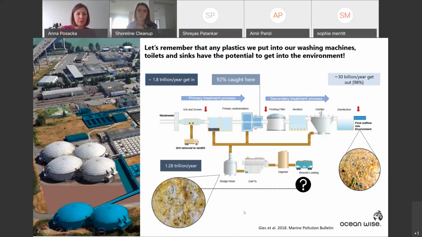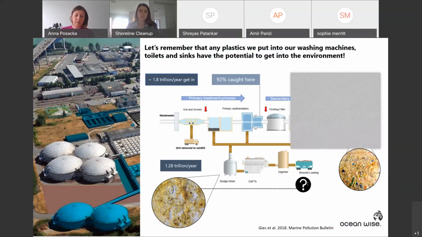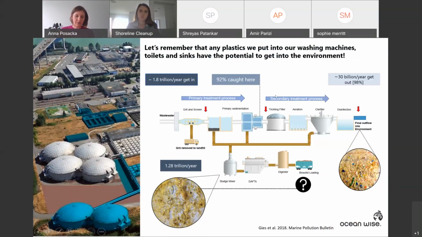What we have learned at the wastewater treatment interface is that the majority of microplastics that enter the wastewater treatment facilities are indeed composed of microfibers. What you're seeing here on the slide is a graphic from a secondary wastewater treatment plant in Vancouver that we investigated through a pilot study very recently.